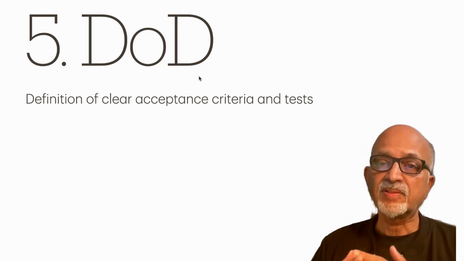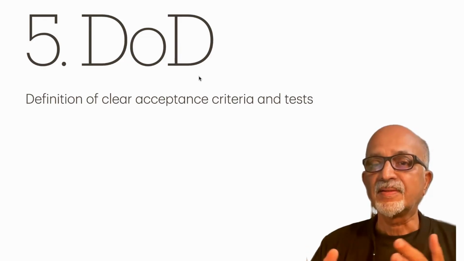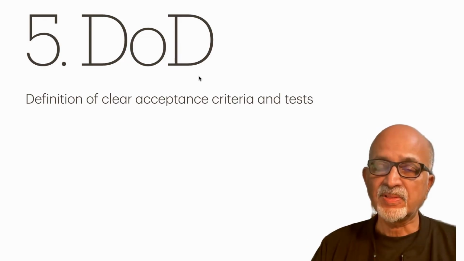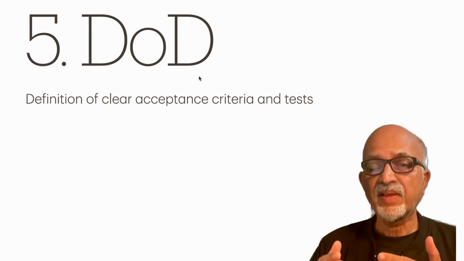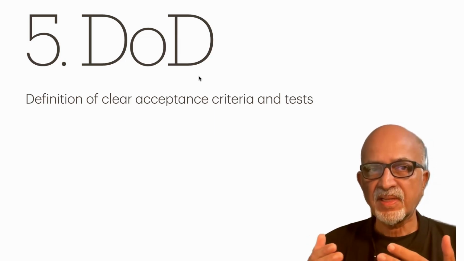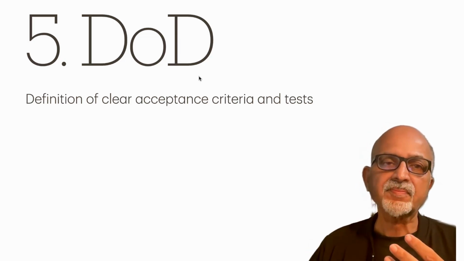A good definition of done is coding done, unit testing done, integration testing done, system testing done, code reviews done. Then maybe it is a good definition of done. But everybody should understand it the same way. And when somebody says it is done, nobody should work on it again.